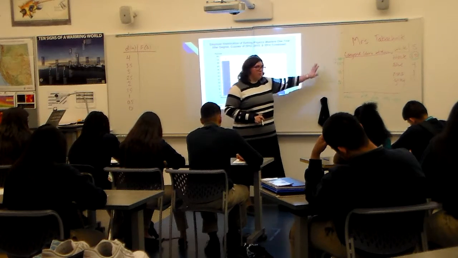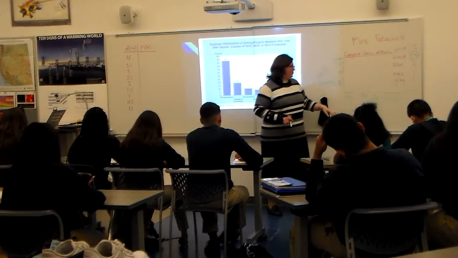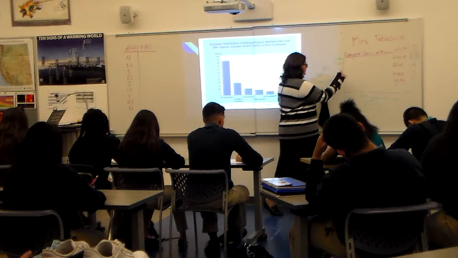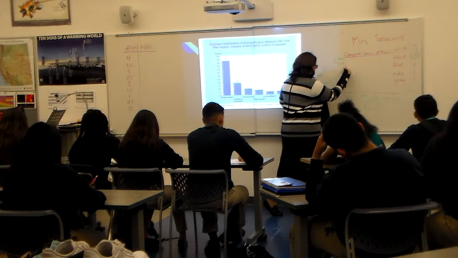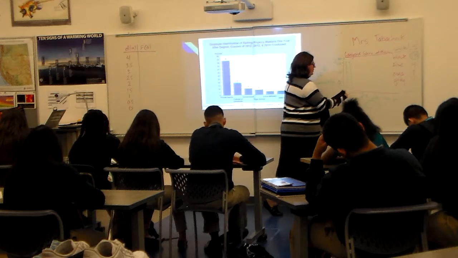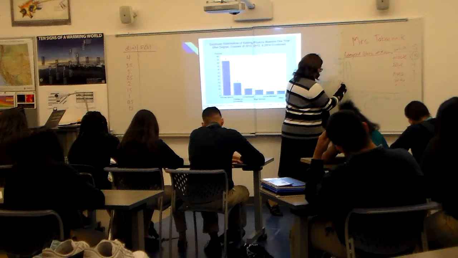Okay, so now once we have it set up, we can just fill in what the different choices are, what the different numbers are. So for black, we had 15. So we're going to make a bar that goes up to 15. For blue, we have 4.